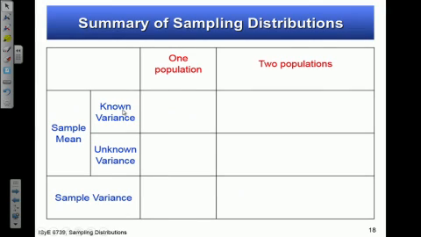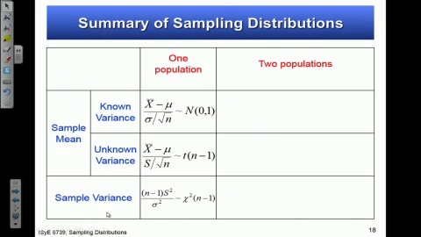What is it? Normal. What if we don't know the variance? It would be T distribution with n minus 1 degrees of freedom. So one population, distribution of S squared. What is it? Chi squared with n minus 1 degrees of freedom.